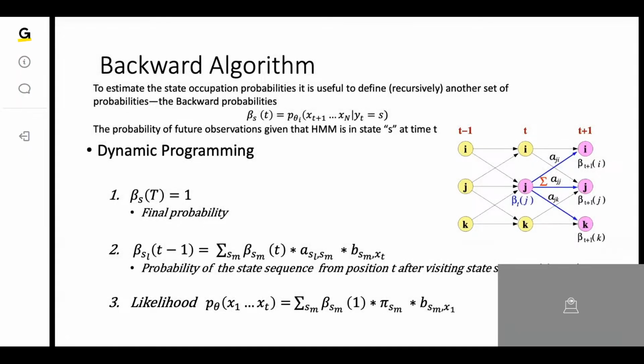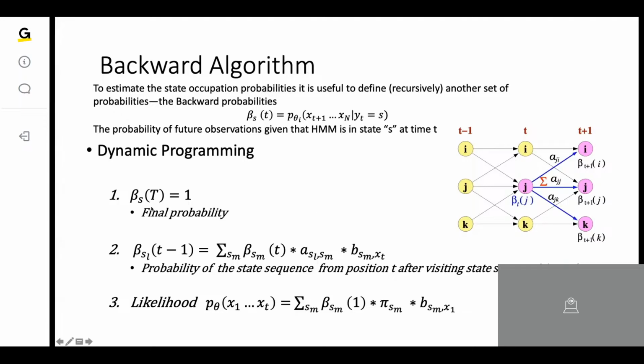So let's define the beta and understand how we can also compute the likelihood using beta. The beta indicates the probability of future observations given that the HMM is in state s at time t. Similar to forward probabilities, we can compute backward probabilities starting from the end and coming towards the left side.